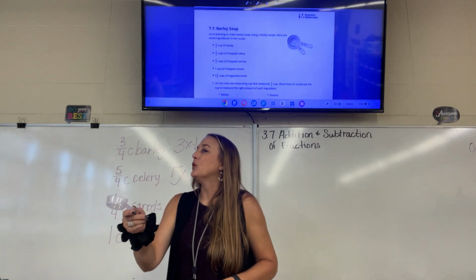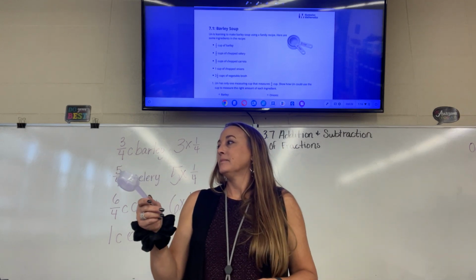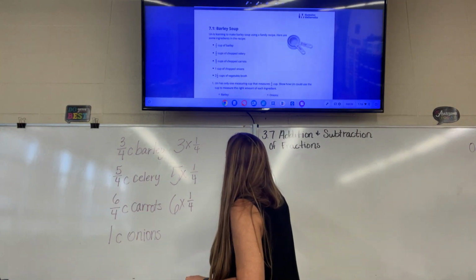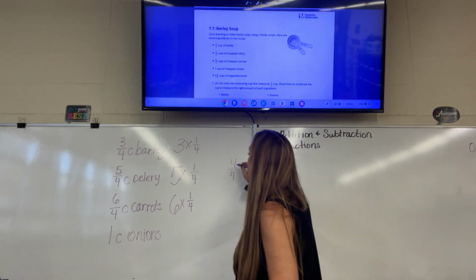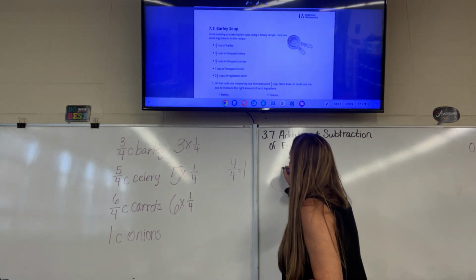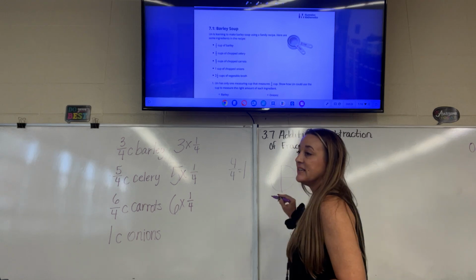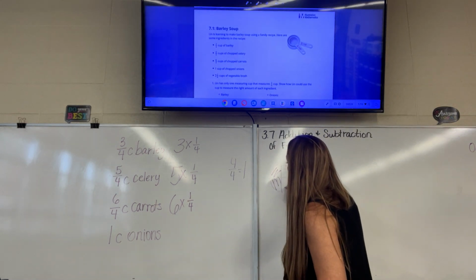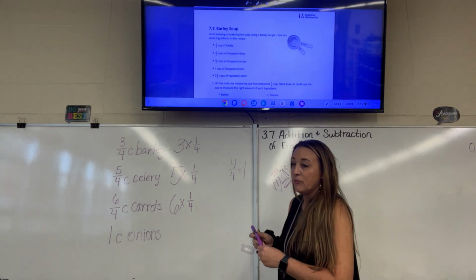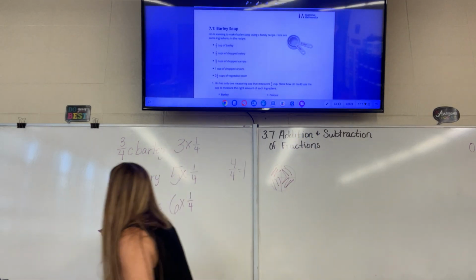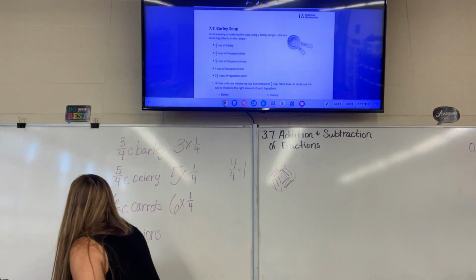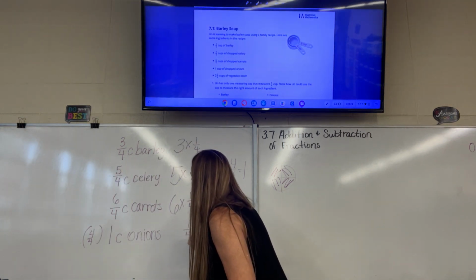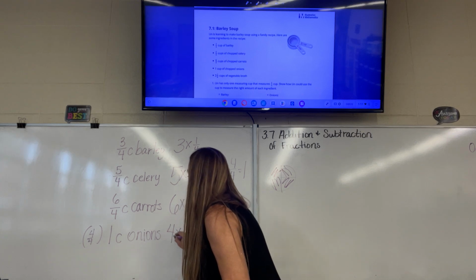How do you know it's 4 times? Because it is fourths. So 4/4 is 1 whole. Remember, Cameron, we learned that if you got a pizza and it's cut into 4 slices, if you eat the whole pizza, it's 1/4, 2/4, 3/4, 4/4. Right? So 1 whole is the same thing, I'll put in parentheses, as 4/4. So that means I'm going to have to do that 1/4 cup 4 times.